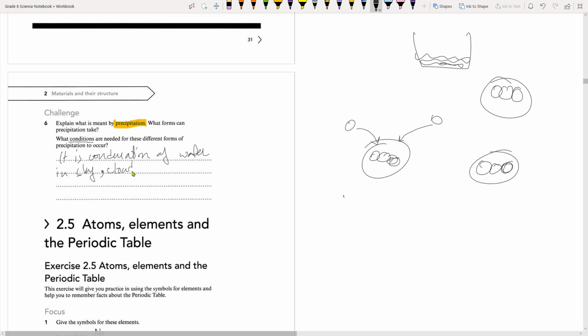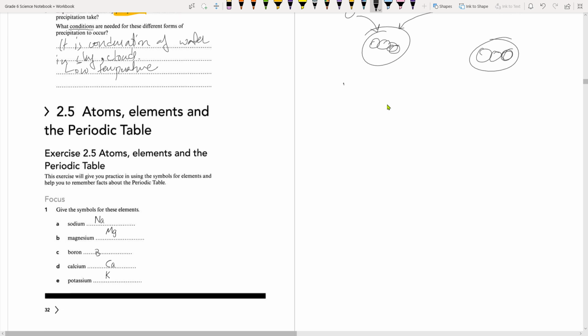Okay. And what conditions are needed? That would be low temperature for sure, because if there's not enough low temperature, then these particles will not lose enough energy, and they would still stay as gas particles, or steam or clouds, right?